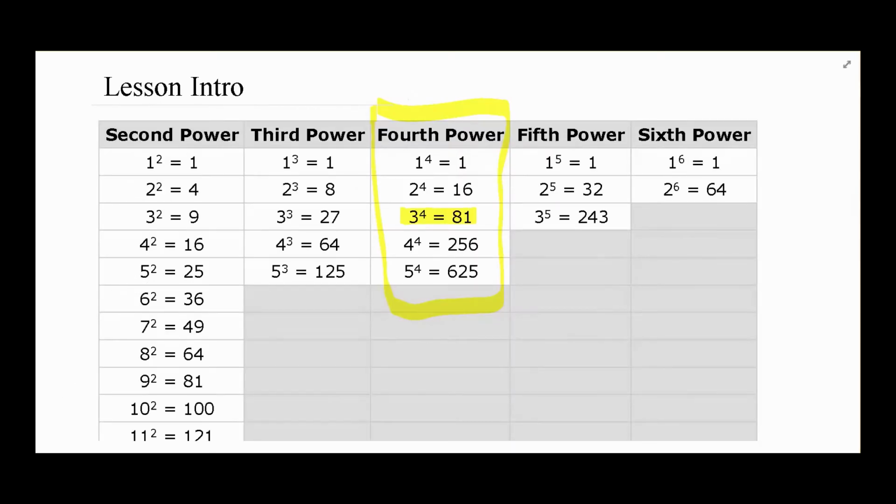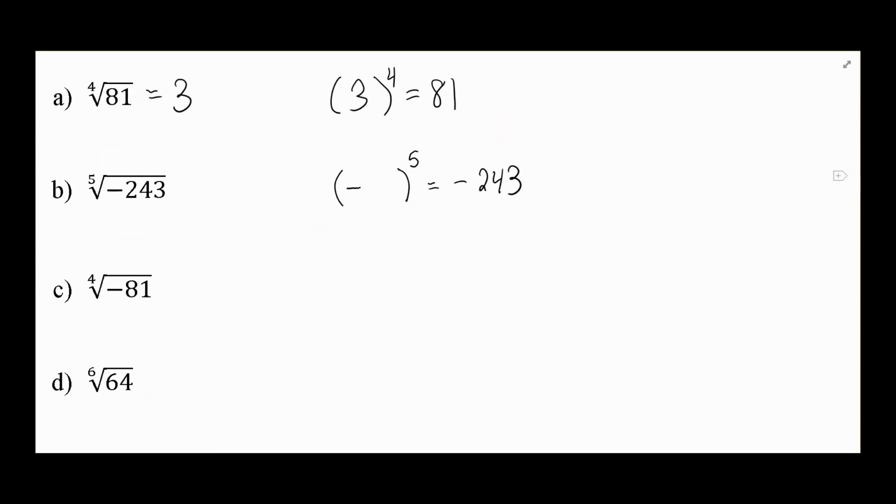I'm going to come back over to my power chart. I'm talking about fifth powers, so I'm only looking at the fifth powers. And 243 is the magic number I was asking about. It looks like 3 is what we are raising to the fifth power. Now, obviously, it's negative 3 since we're getting a negative answer, but that's our answer then, negative 3.